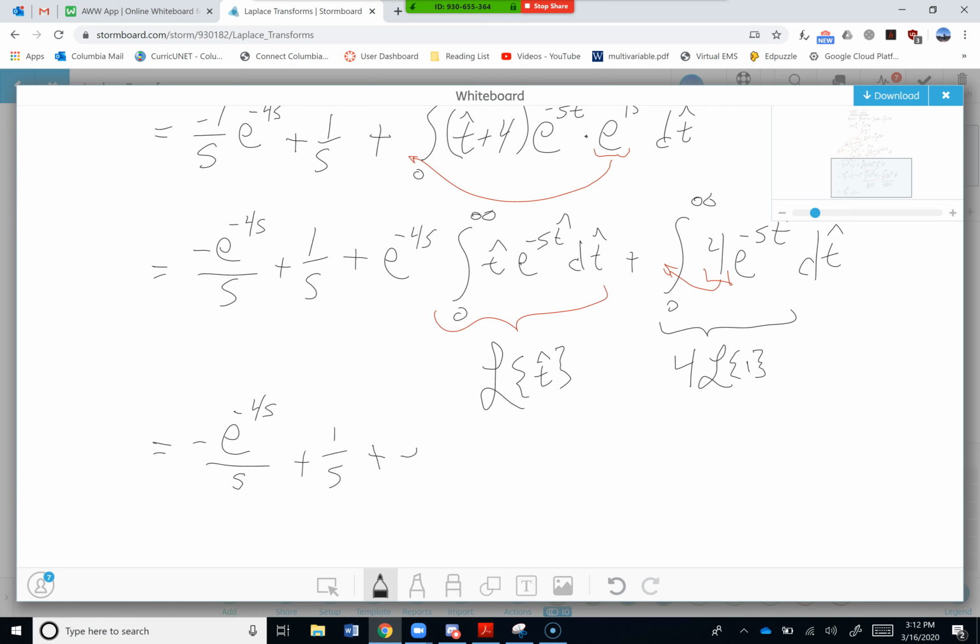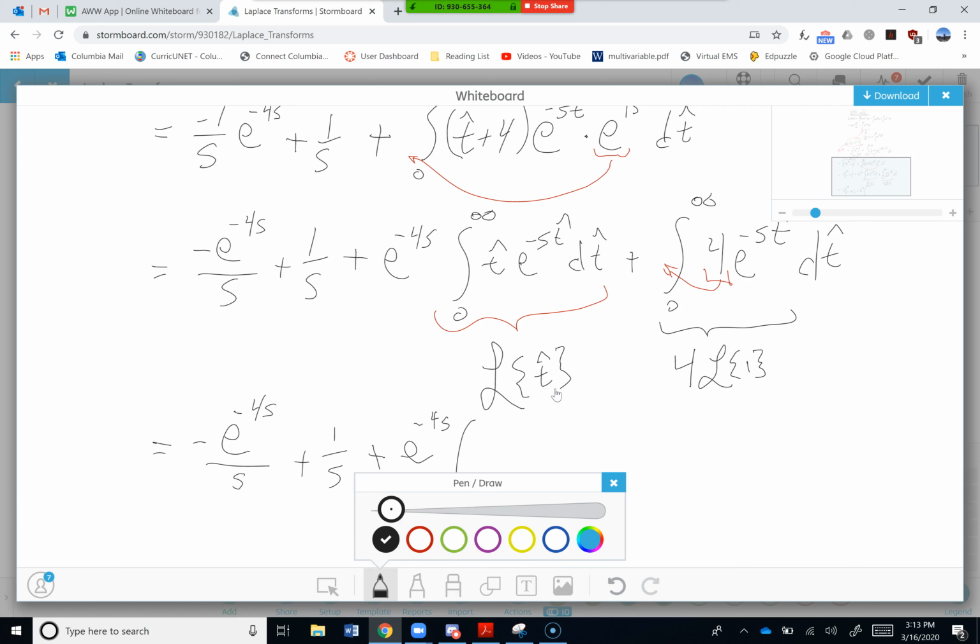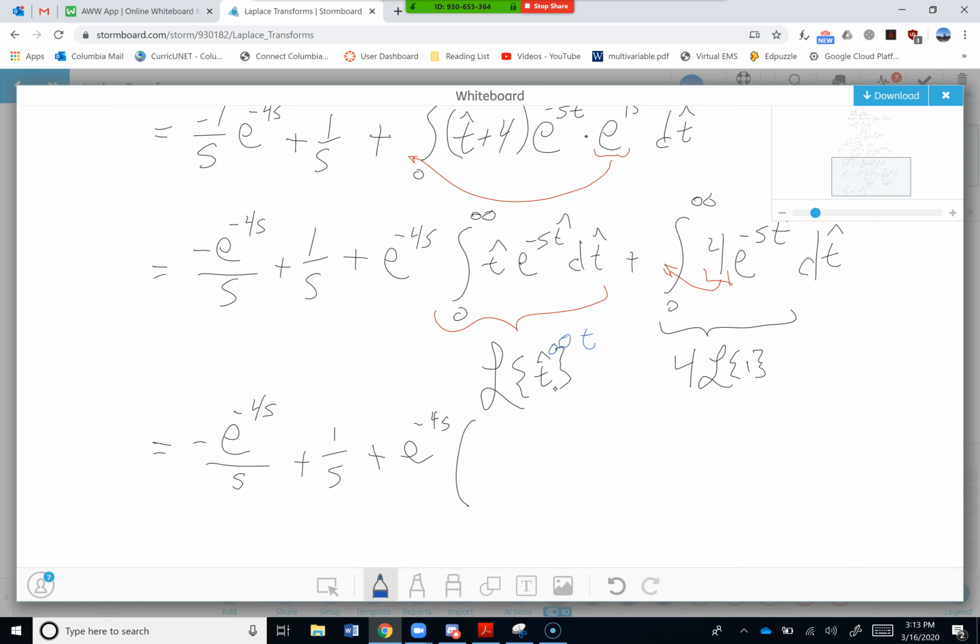That makes sense. All right, plus e to the minus 4s. And then the Laplace transform of t is what? It's n factorial over s to the n plus 1. So I'm going to look at this thing here, t hat to the 1, and think that's 1 over s squared.